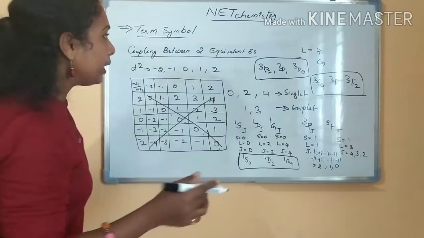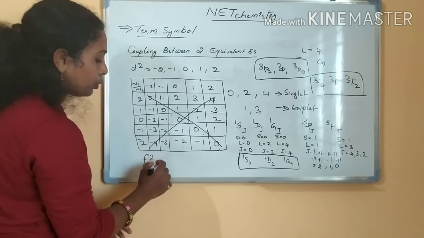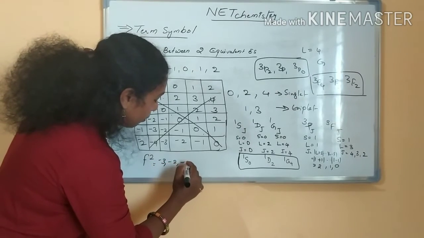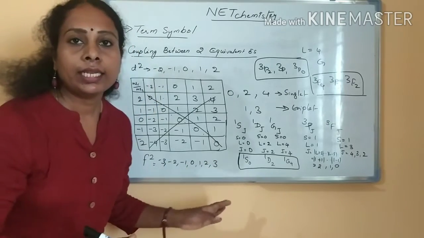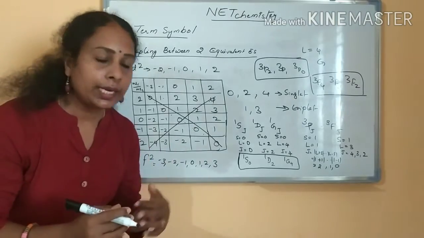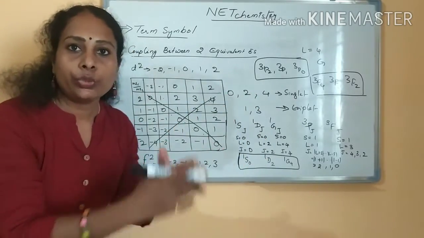Now you do one thing: you can calculate for f2 electrons. Okay, f2 electrons you have to calculate. You know -3, -2, -1, 0, 1, 2 and 3, right? These are the L values for the f orbital. You do it and see, one more column will be extending. -3 also you have to include.